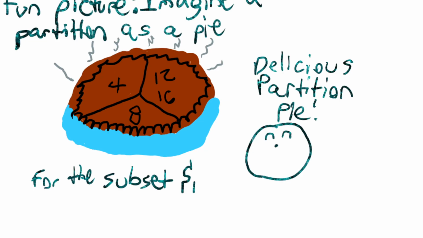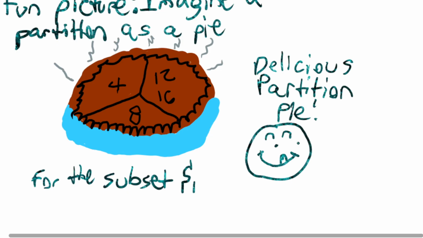Just draw a little smiley face person here. Give this image some character. He's ready to eat his partition pie. Yep. All right. We'll look at one more topic for this second part of section 1.